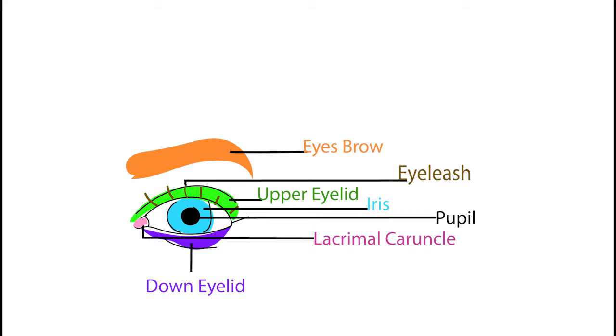Second, we have the iris, the circle inside the eye, and the pupil, the smaller circle inside the iris. And we have the lacrimal caruncle, the pink part at the edge of the eyes.